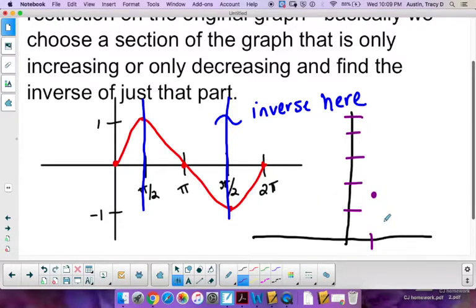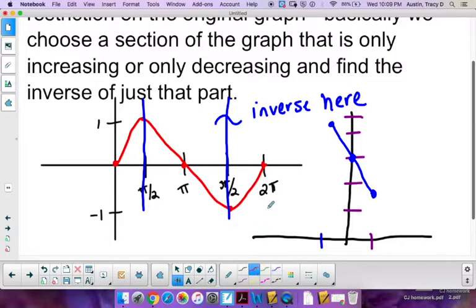Okay, so that's the first point. Next one is 0 and pi, so that's right here. And the last one is going to be at -1, right, over here, and about 4.5. So that would be the inverse of this part of the function.